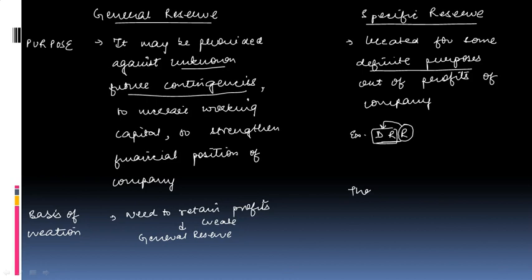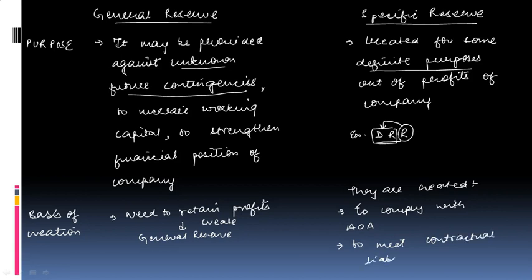Or else they are created depending upon the very first, to comply with MOA, to comply with Articles of Association, AOA. If you provide such kinds of reserves, the company is going to have a reserve for this, to meet contractual liabilities, just like DRR, CRR. Just to meet the contractual liabilities, so that they can be met. Right?